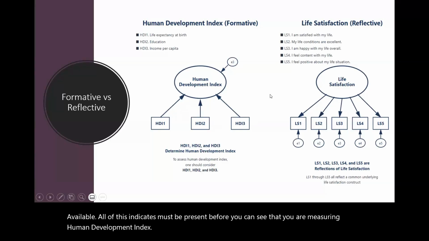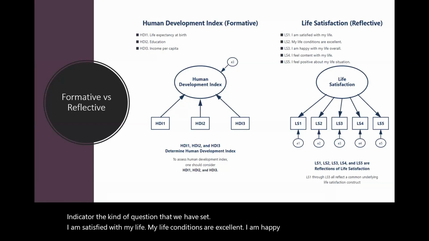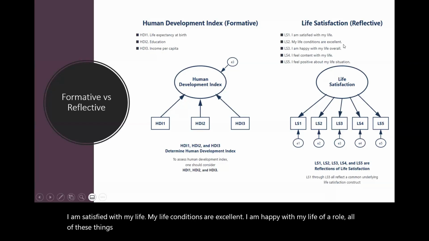In the same way, life satisfaction is a reflective construct. Looking at the questions that we have set: I am satisfied with my life. My life conditions are excellent. I am happy with my life overall. All of these things let us know that yes, this person is really satisfied with his life or not.